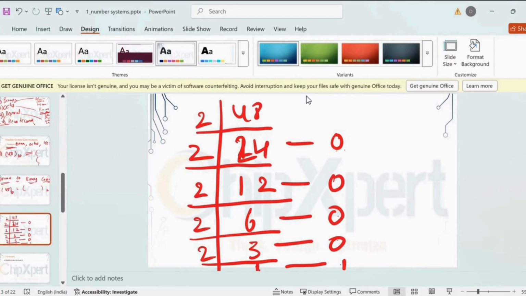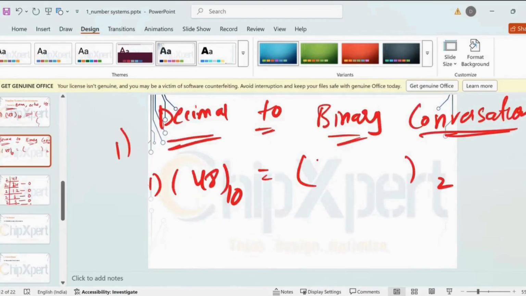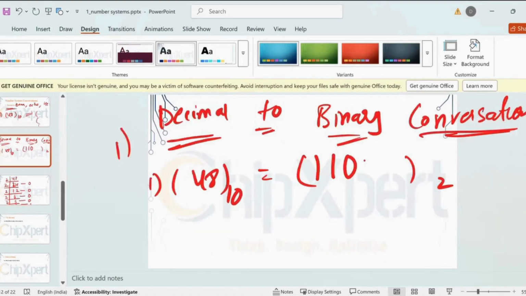So I'm going to collect them from bottom to top. The bottom number is 1, and after that 1, 0, 0, 0, 0. So collected in order: 1, 1, 0, 0, 0, 0. This is the number we got.